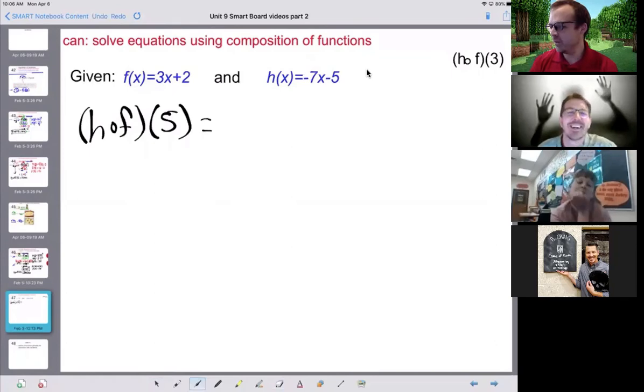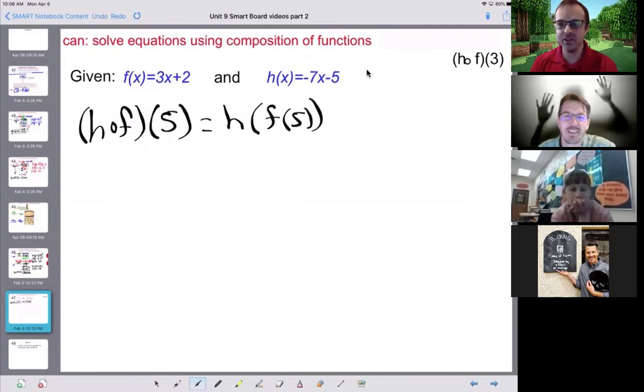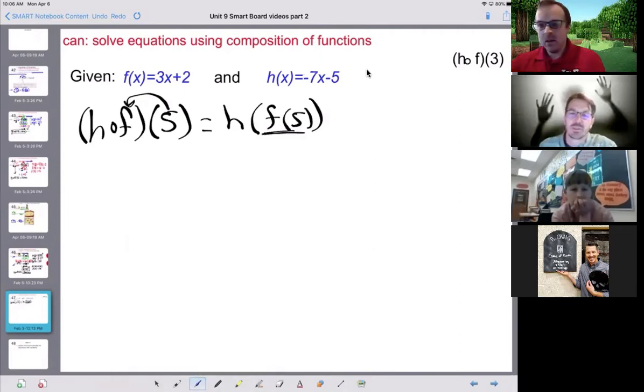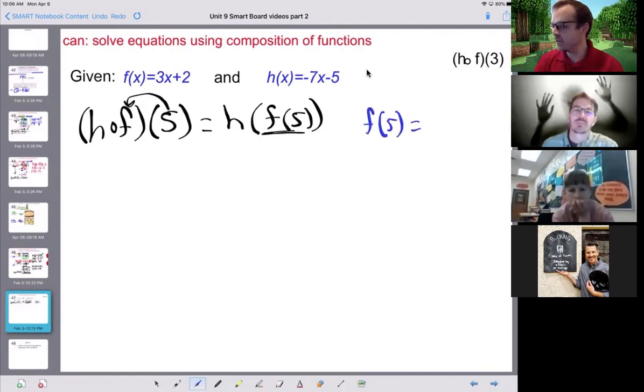So another way to write that is h and then in parentheses f of 5. In other words, if you just stick to order of operations, you know that you have to work inside parentheses first. You have to plug that 5 into f, which is just f of 5. So let's go find that really quick over here on the side. f of 5 uses the function f, which is right here.